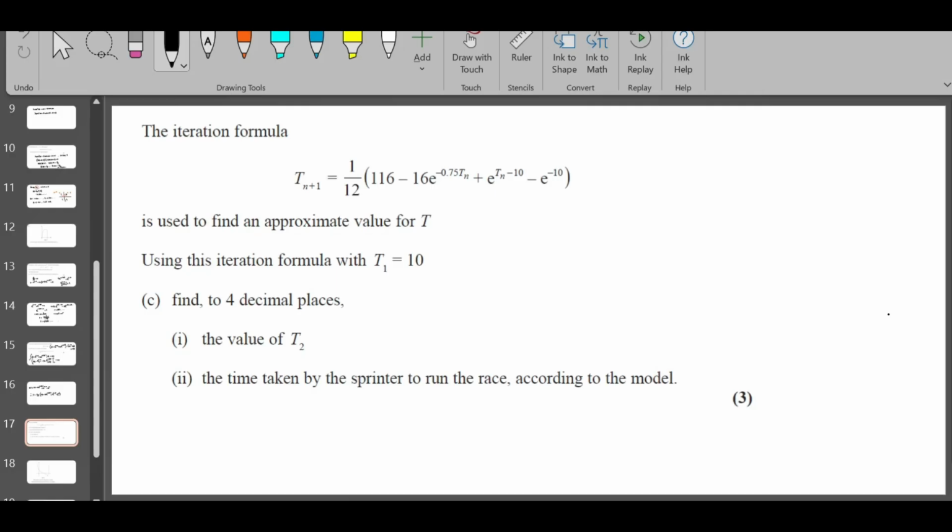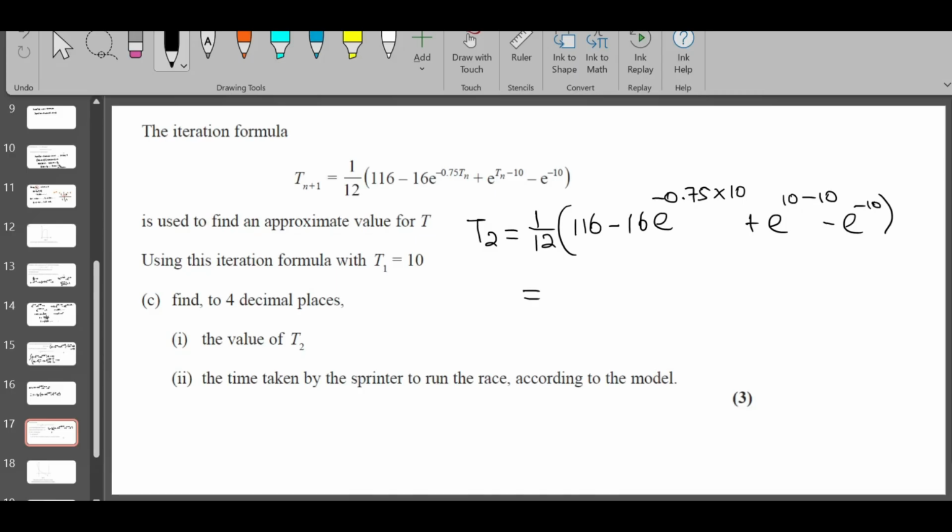That means you need to write t2 is equal to 1 over 12 times 116 minus 16 e power minus 0.75 t1, which is 10. You need to show this working, otherwise you will lose marks. Plus e power t1 minus 10, which is 10 minus 10, minus e power minus 10. You will get the value of t2.